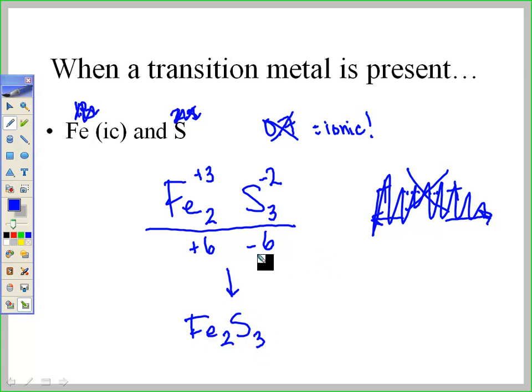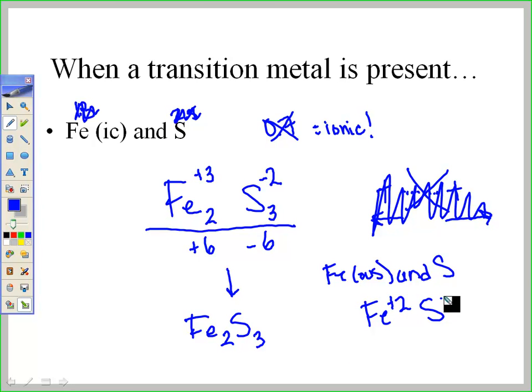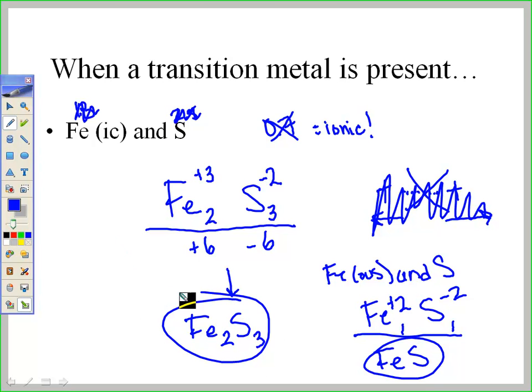Now I want to show you what happens if we change this to Fe(II) and S. If I have a Fe +2 and an S -2, then I only need one of each thing because they're already canceling each other out. So the formulas between these two things are different, and that makes sense because something that has the iron(III) ion in it is going to act differently than something with the iron(II) ion in it.